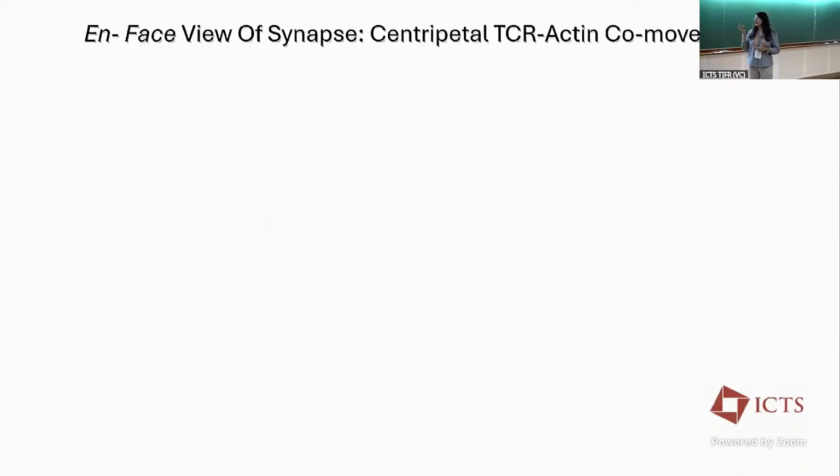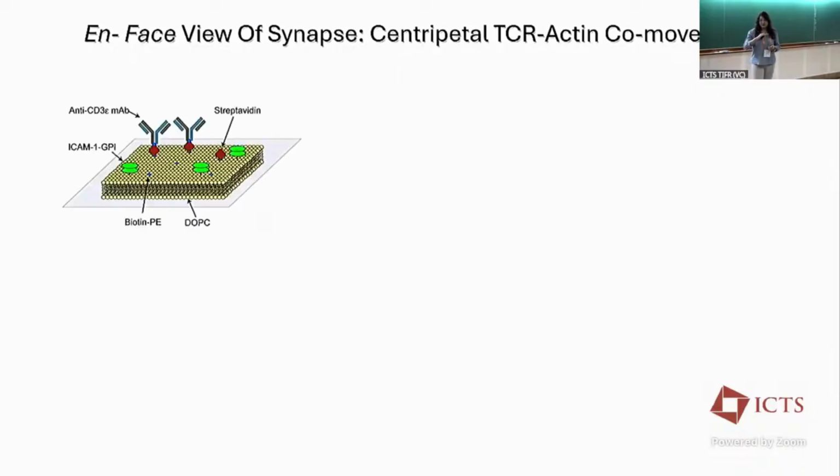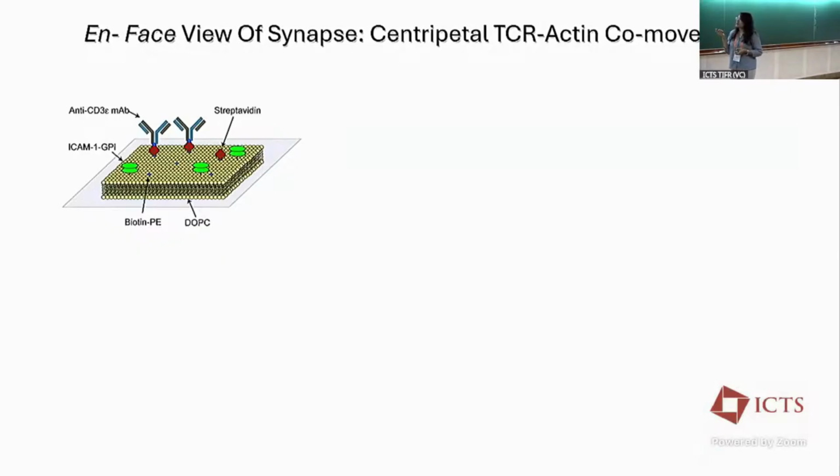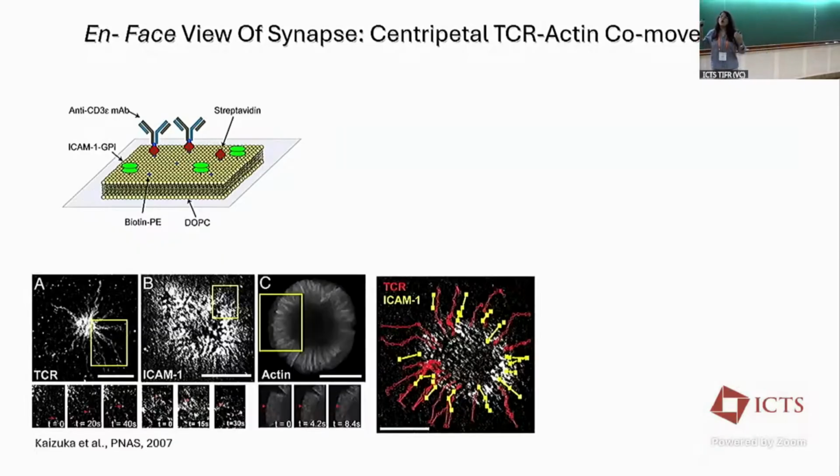Now, when people observe the synapse, which is a planar structure using a supported lipid bilayer, and you're observing the end phase, you observe that TCR microclusters all migrate to a central actin clear zone on the cell known as the cSMAC.